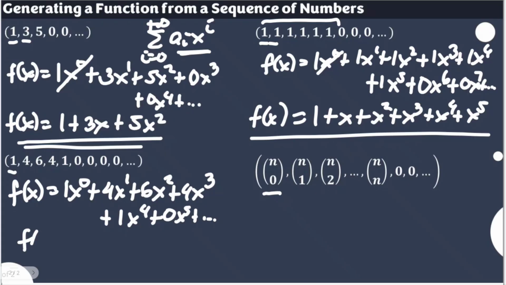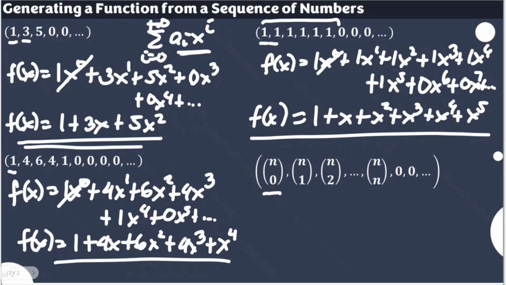So your f of x, your generating function for the third sequence, is 1 plus 4x plus 6x squared plus 4x cubed plus x to the power of 4. Okay, so this is the generating function for the third item here. Now, we can of course come up with a singular expression for that. We'll move into that later after we are done with all of these notations.